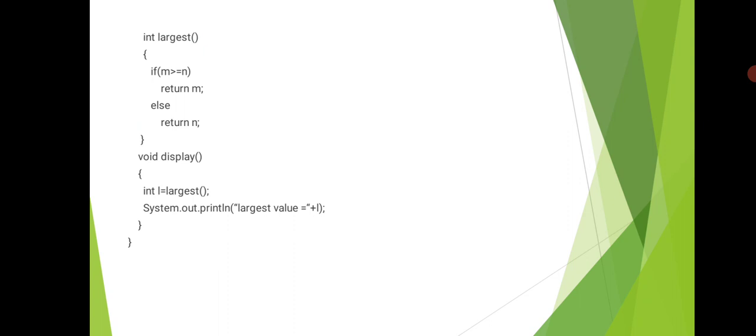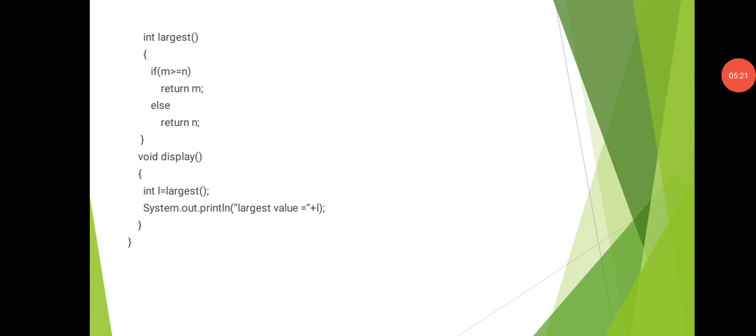Here the largest function is called within display without an object name and dot operator. This is nesting. In the display function we call the largest function, which returns a value. That returned value is copied to L and displayed through System.out.println, right?